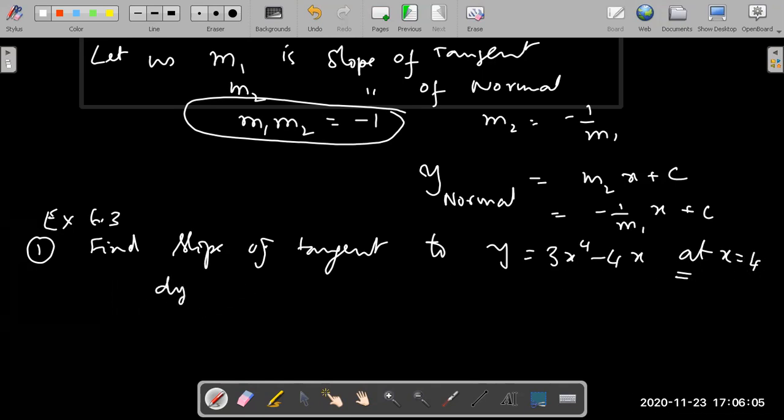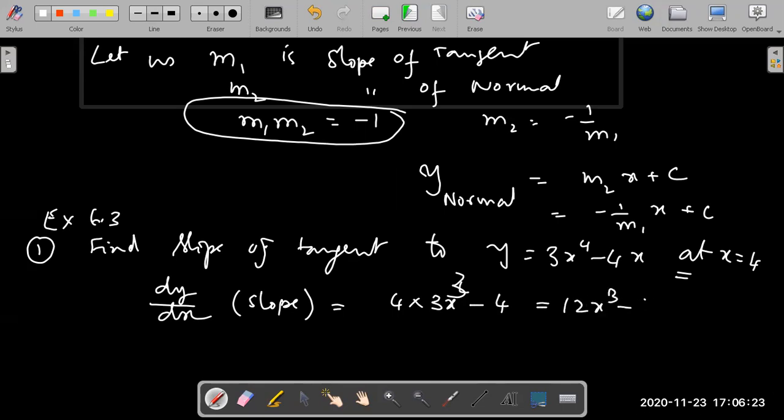So dy by dx, this is nothing but the slope, equal to 4 into 3x cube minus 4. That's equal to 12x cube minus 4.